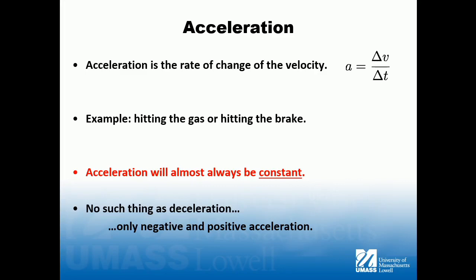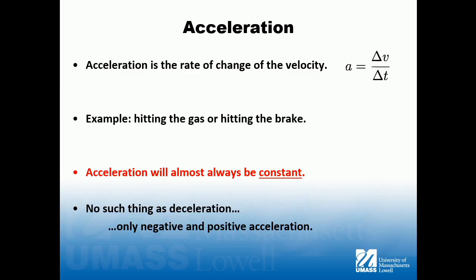So during its entire motion, its velocity can change. Acceleration is that rate of change in velocity. So just like v is defined as delta x over delta t, acceleration is defined as delta v over delta t. It's the rate at which velocity changes.